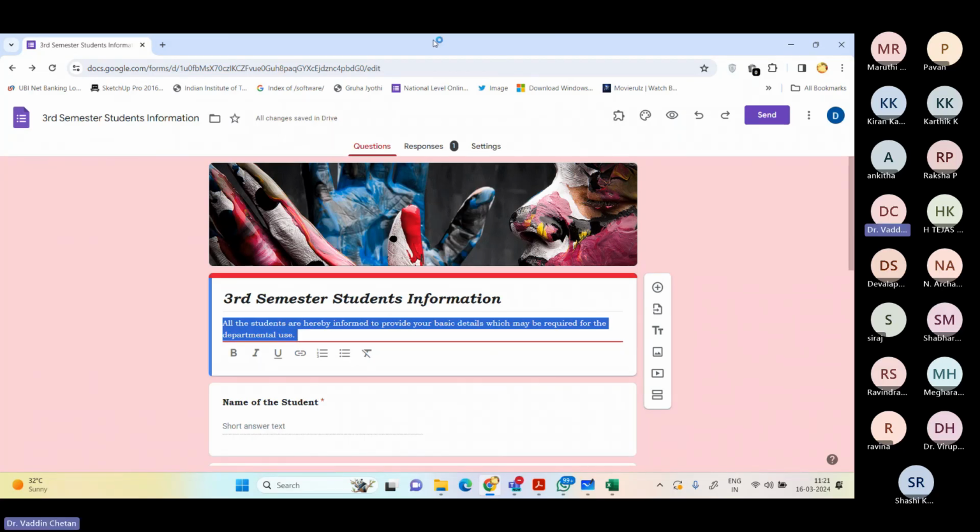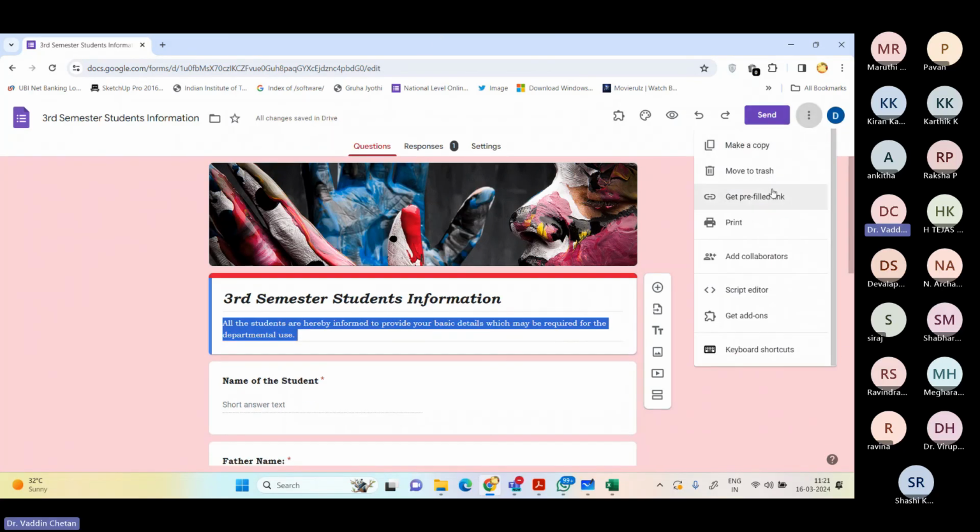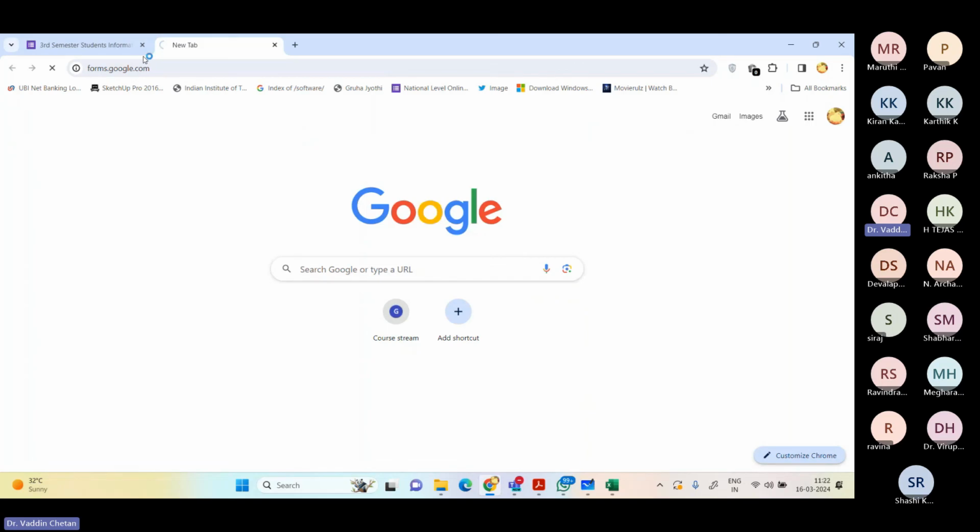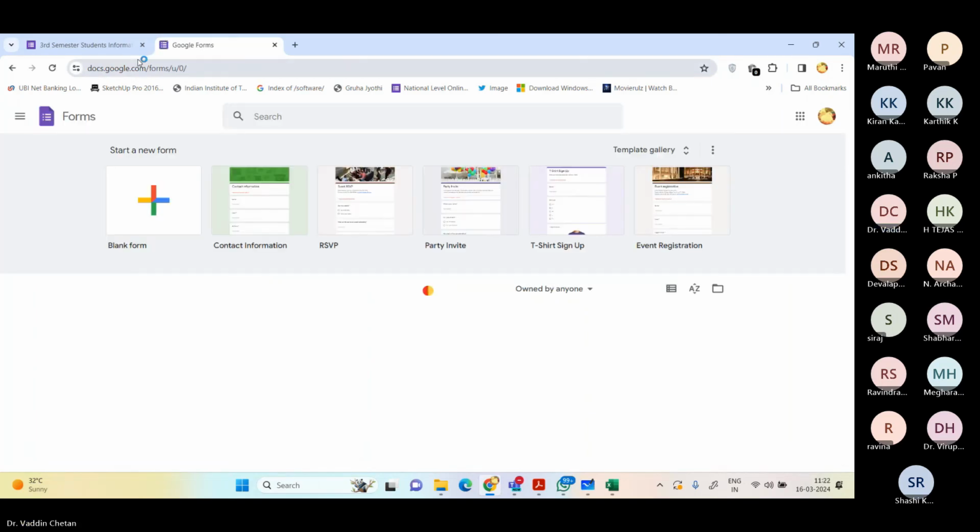So what I'll do is I will take a right click. But for you, it is better to create it from the start, because otherwise you also will do the same thing. First you will create this, then you will go to that. A few of them will do that, because I'm not saying that all will do it. Let me go to forms.google.com first.